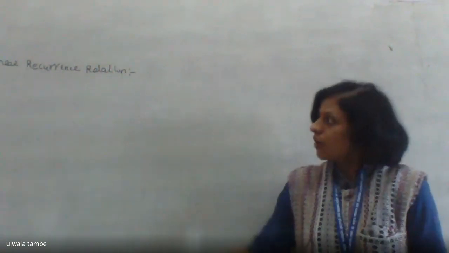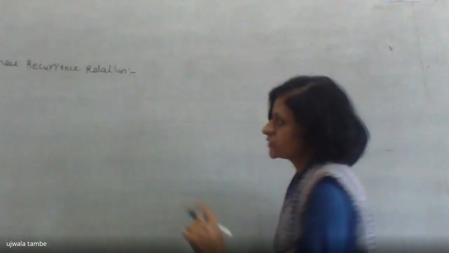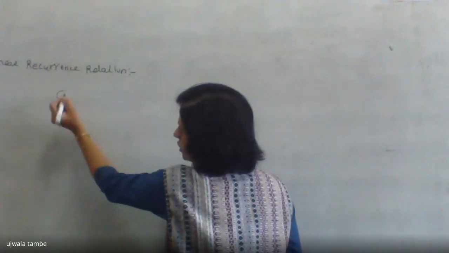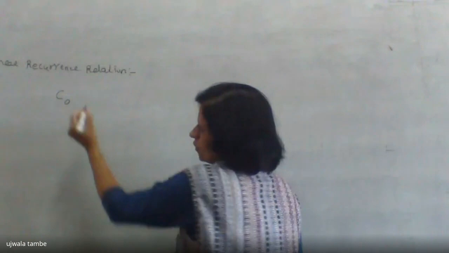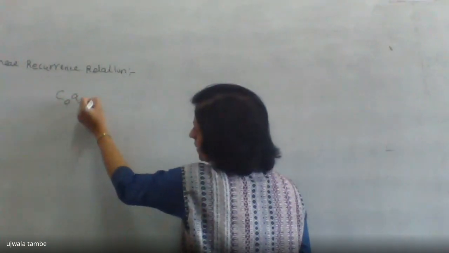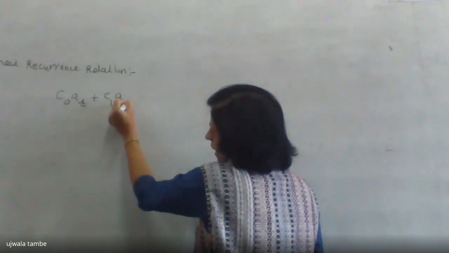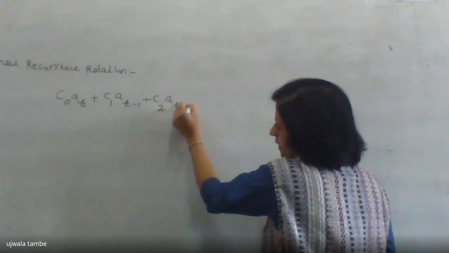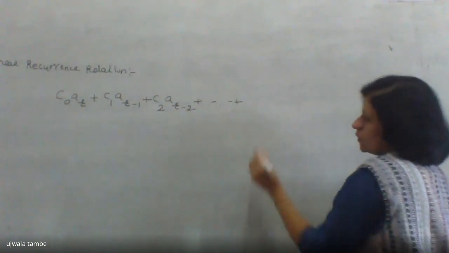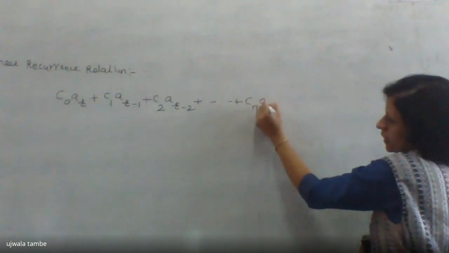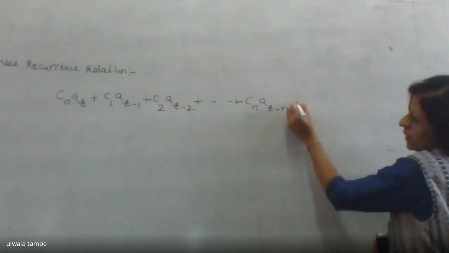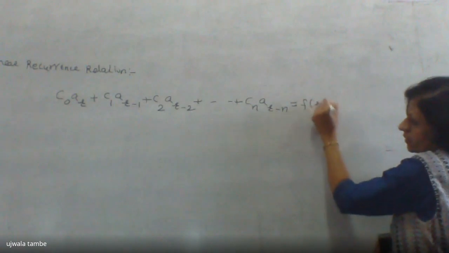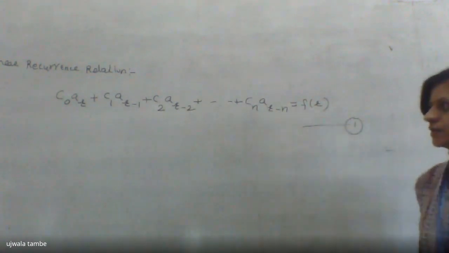The equation of linear recurrence relation is of the form C0 (C suffix 0) Ar plus C1 A(r-1) plus C2 A(r-2) plus up to Ck A(r-k) is equal to f of r. This is equation 1.